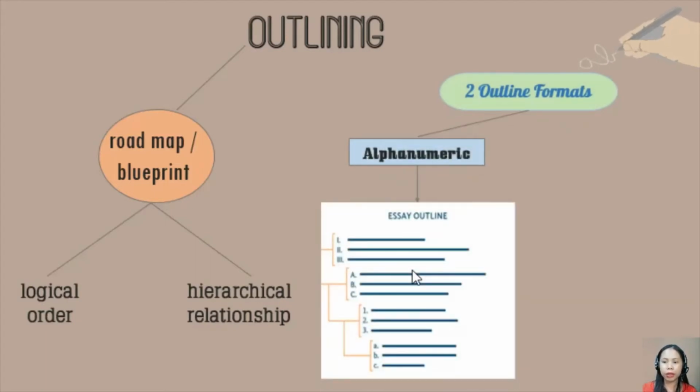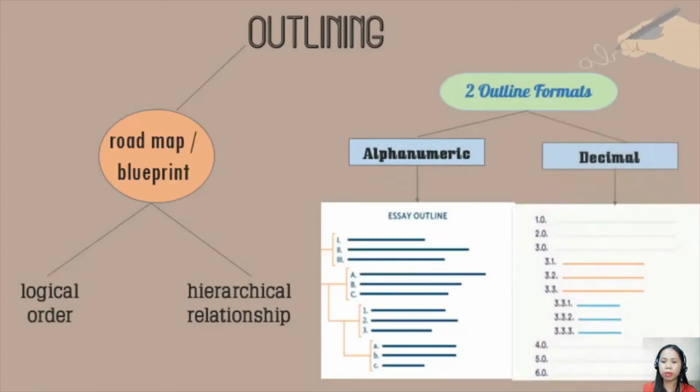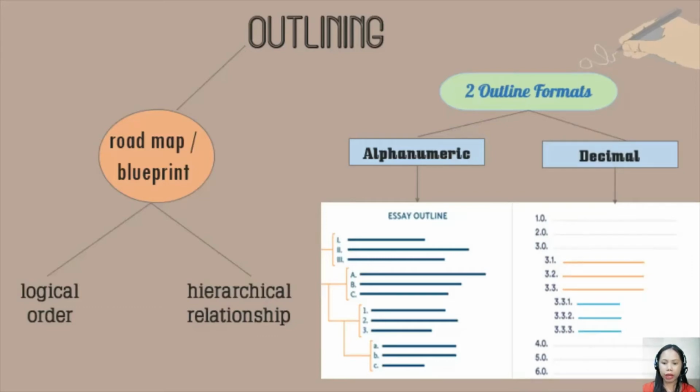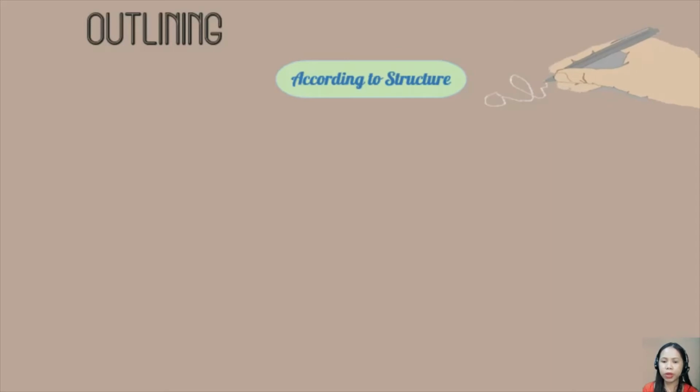Could be alphanumeric or it could also be the decimal outline. One, we have the alphanumeric outline which uses both letters and numbers as labels, and the decimal outline makes use of only numbers as labels. There are also two kinds of outline according to structure.